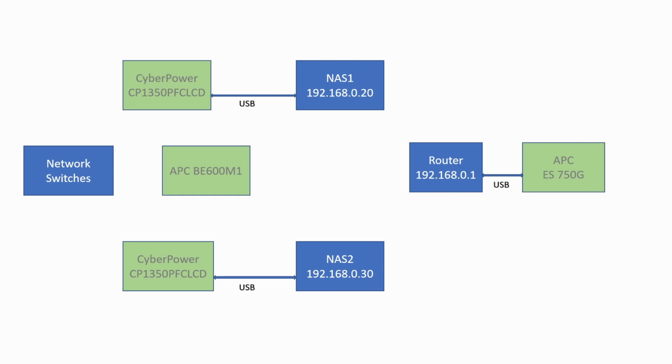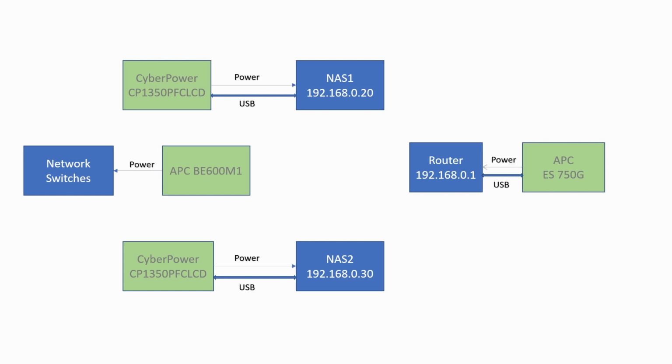So here you can see blue boxes are the hardware, the green ones are the UPS, and each of the hardware is attached to my UPS, the only exception being the network switches. We'll come to that later.